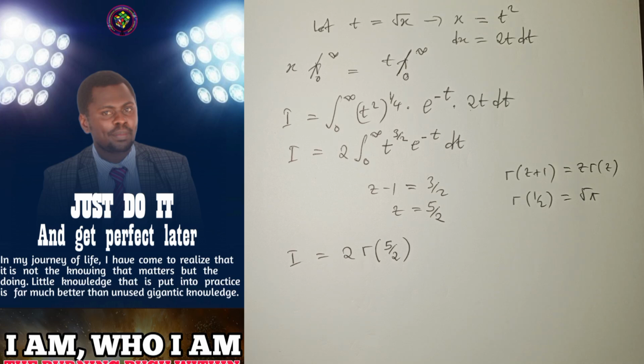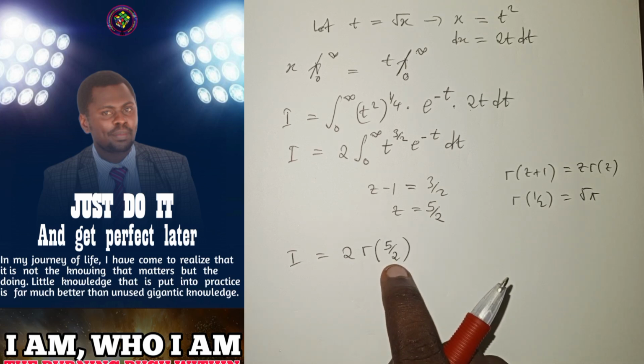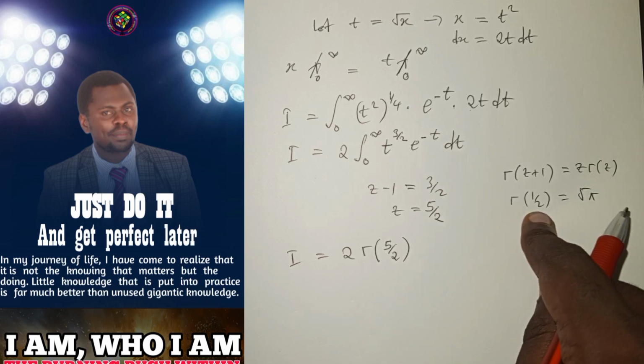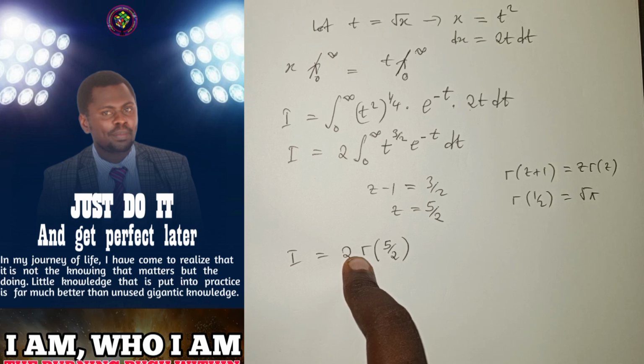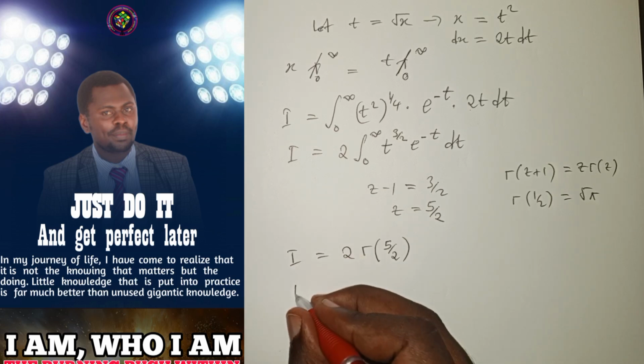So what we do is we are going to simplify this gamma of 5 over 2 to get gamma of 1 over 2. Now, how do we get gamma of 1 over 2? We are going to keep on subtracting 1. If you subtract 1, the result you are going to multiply to the 2 here.